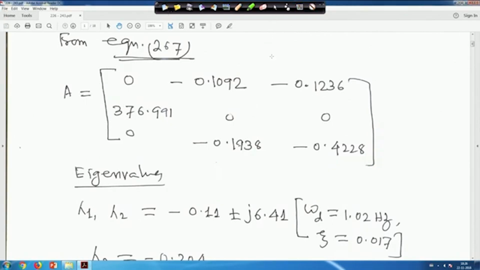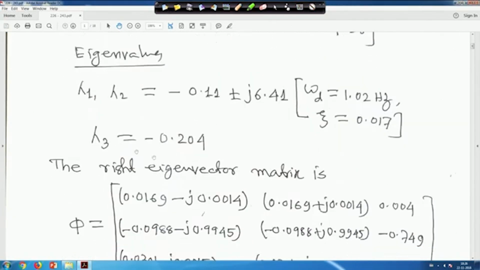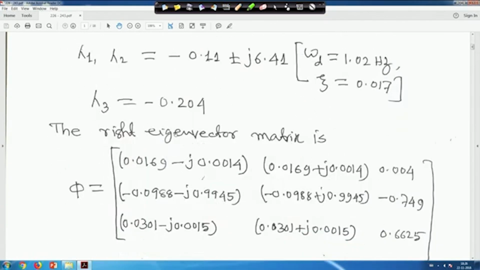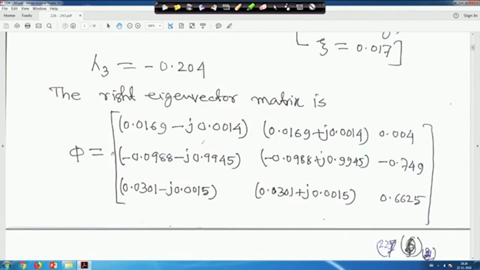And the other real value, lambda 3, is equal to minus 2.204. We have already shown how to find the right and left eigenvectors. So the right eigenvector matrix phi is, first row, 0.0169 minus j 0.0014, 0.0169 plus j 0.0014, and 0.0014.